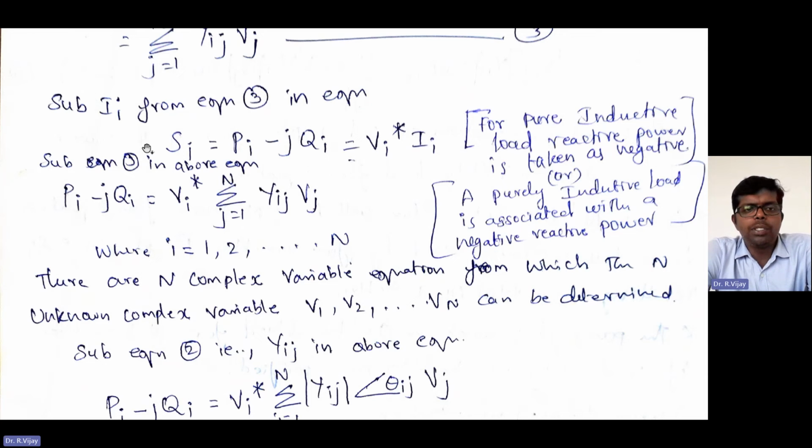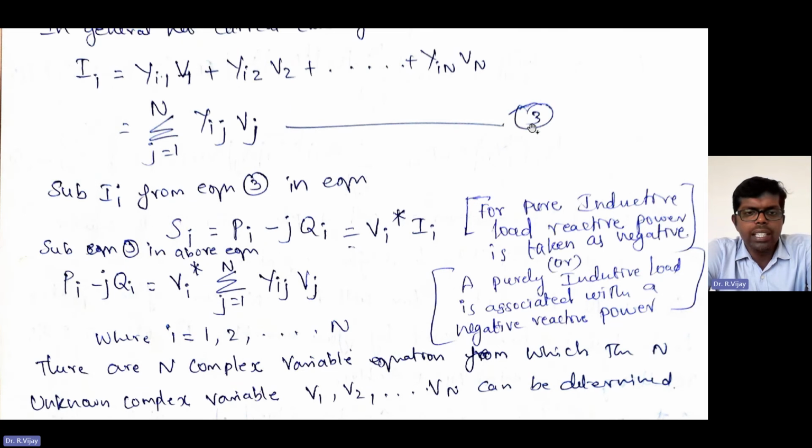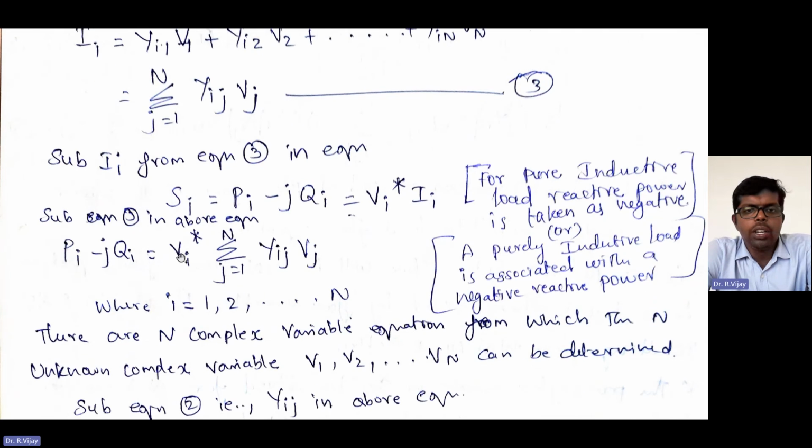Here, substitute Ii from equation 3 in this equation. Ii we already have from equation 3. You just substitute equation 3 in the above equation. So you'll get Pi minus j Qi is equal to Vi star into summation j is equal to 1 to n of Yij into Vj. How does this come? Ii is equal to summation j is equal to 1 to n of Yij into Vj from equation 3.